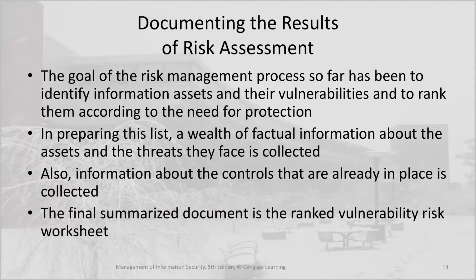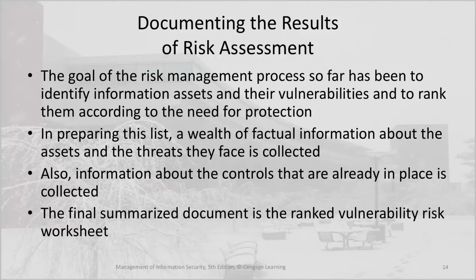The goal of the risk management process so far has been to identify information assets and their vulnerabilities and to rank them according to the need for protection. In preparing this list, a wealth of factual information about the assets and the threats they face is collected. Also, information about the controls that are already in place is collected.